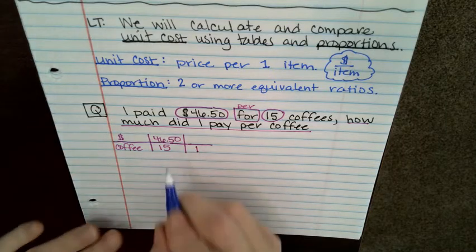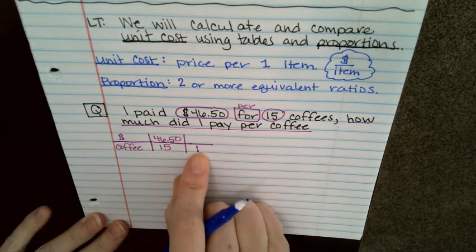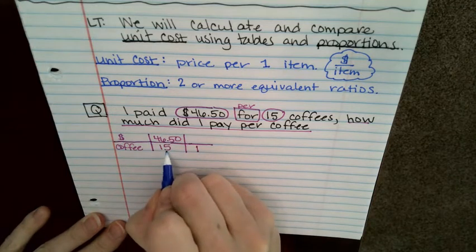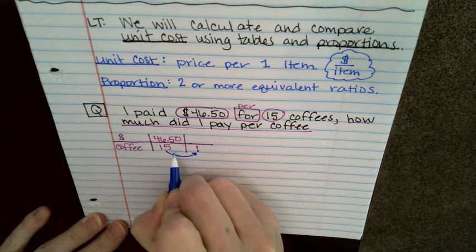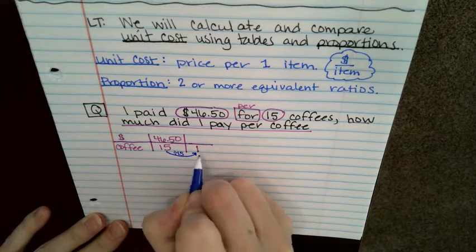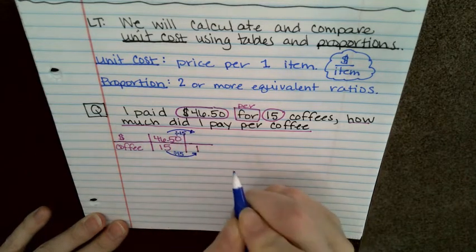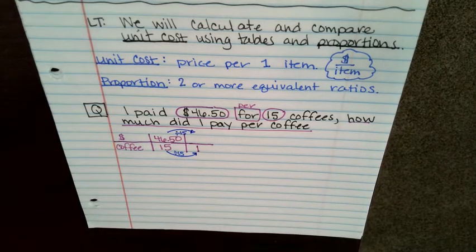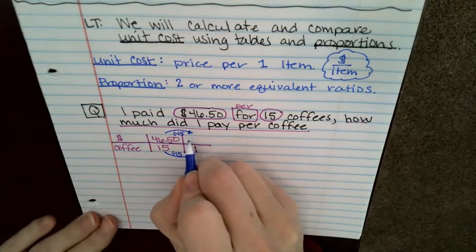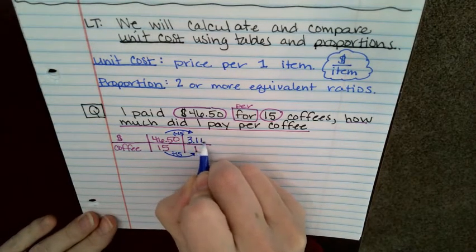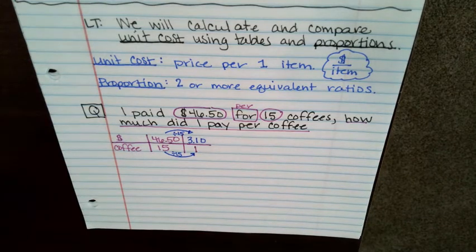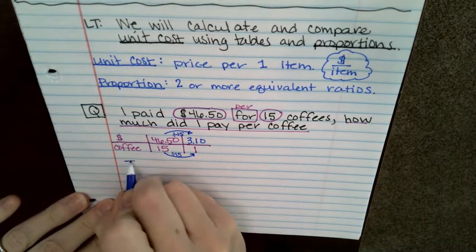So I'm going to use my skills, and I'm going to say, well, wait a minute, I know that I can divide 15 by 15 to get 1, so I'm going to do the same thing up here, and divide by 15. Now, when you do that, you can put it in a calculator, you can do long division, you're going to get $3.10. We will answer this question after I do this as a proportion. So this is your table example.